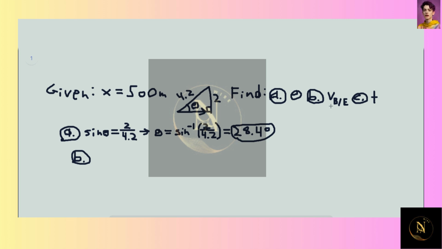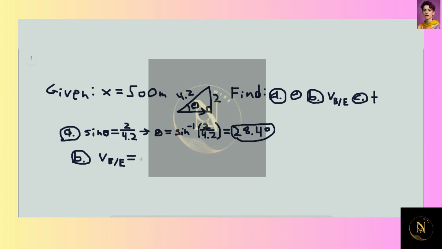Part B, I'm trying to find the velocity of the boat relative to the Earth. Okay, so if it's the velocity of the boat relative to the Earth here, I'm going to take the 4.2 and multiply by cosine of theta because I want the x direction, because we're going east here, which is in the x direction.